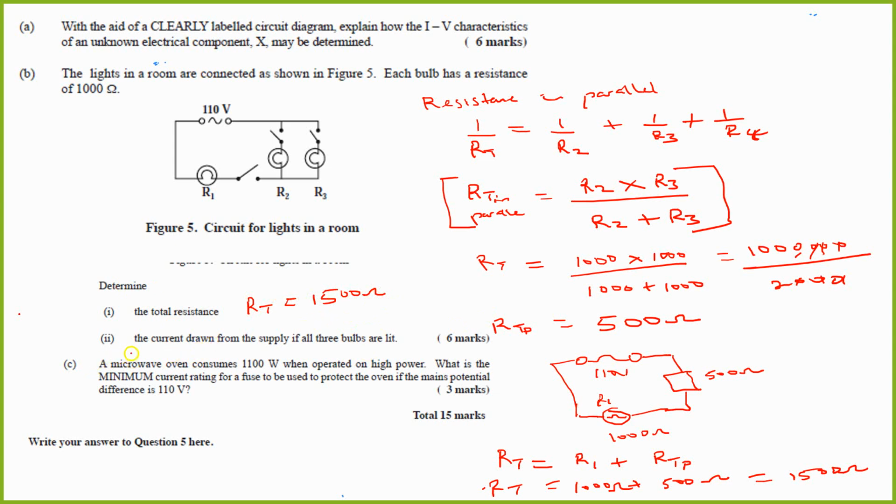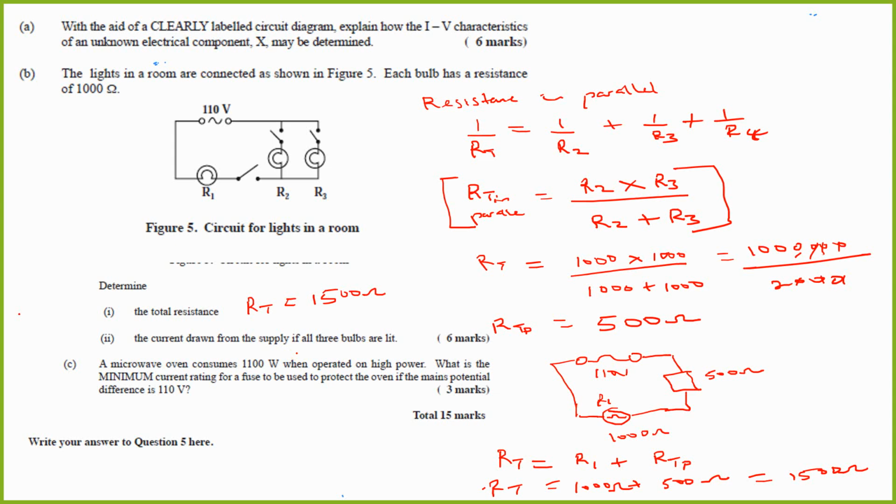Now the question is to find the current drawn from the power supply if all three bulbs were lit. Now these questions are not generally hard. It's just a matter of you understanding what is happening in the circuit. So obviously there's a total current in the entire circuit, and that current is coming from the power supply.